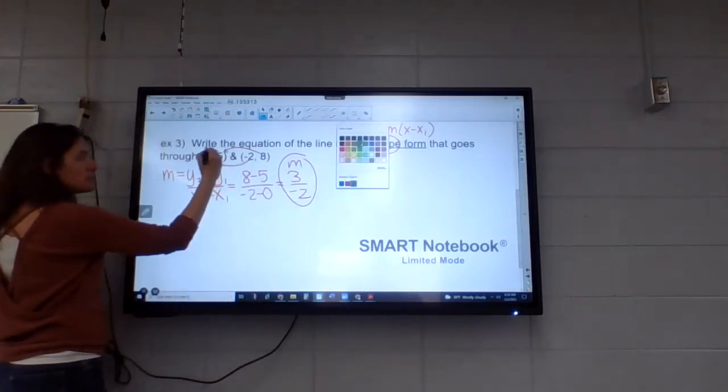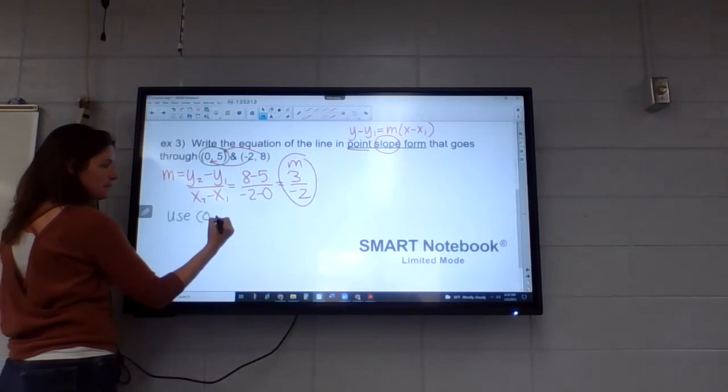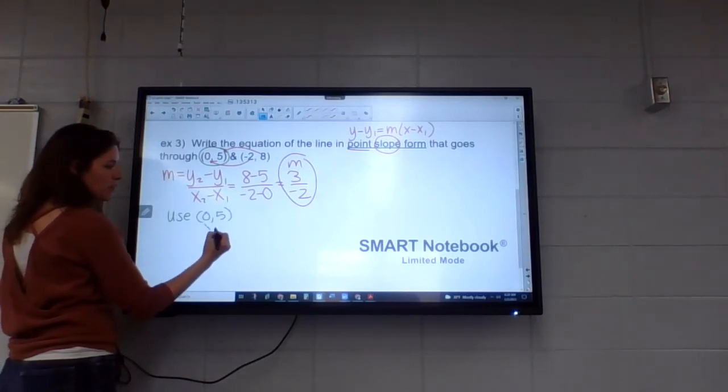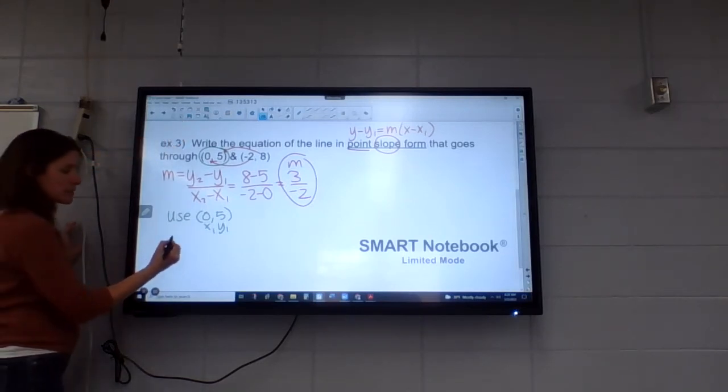So we can use 0, 5 as my x1 and y1. We'll do that first. So our point-slope form is up on the top there. I'm going to do y minus y1.